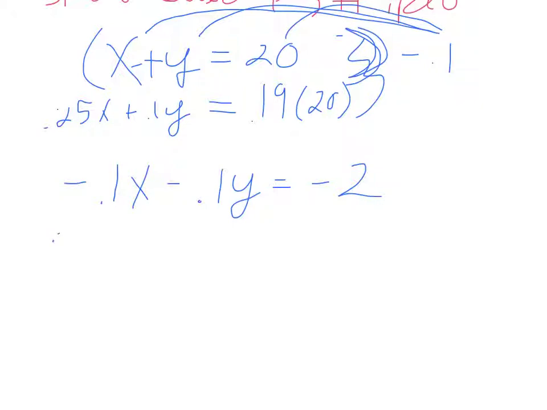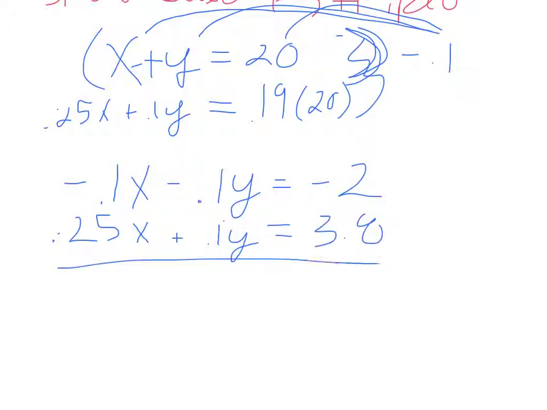We have our 0.25x plus 0.1y, and then 0.19 times 20 is 3.8, so equals 3.8. So we've gone ahead and multiplied our y's by negative 0.1, so they cancel. These y's cancel.